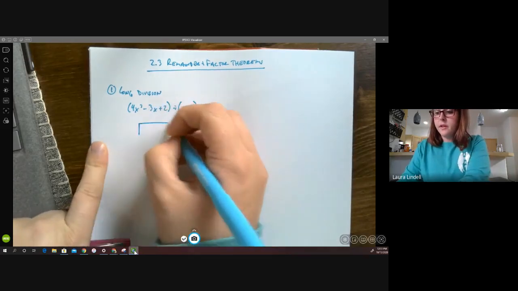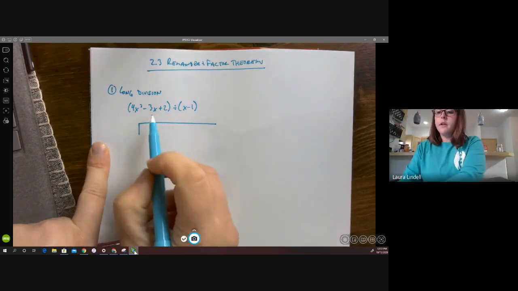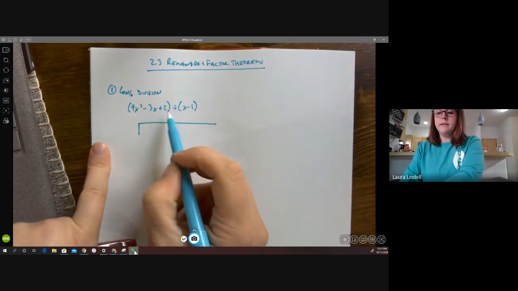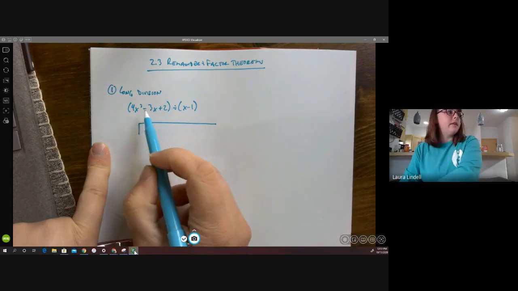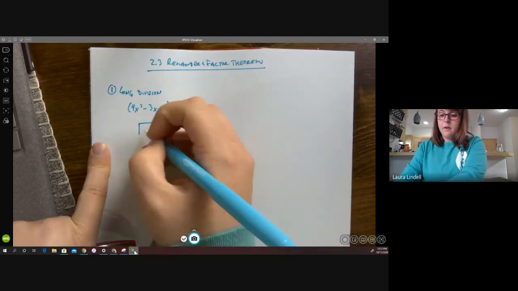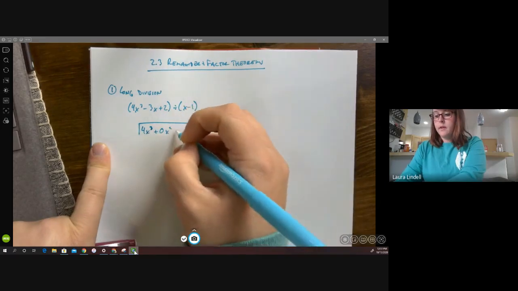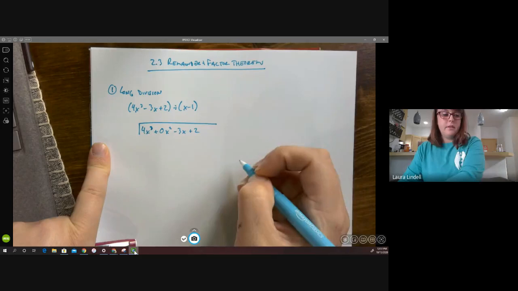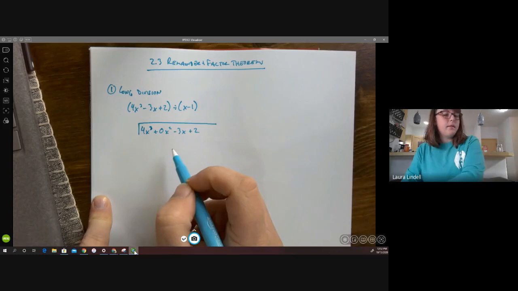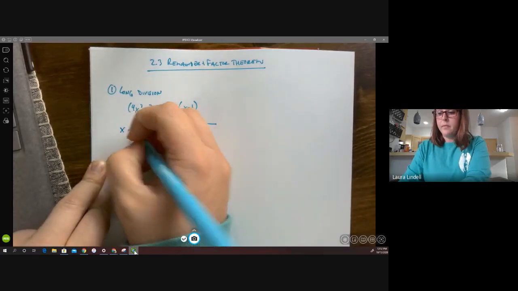You start with your division bar, and then with long division of a polynomial, we have to go in descending order of powers of x, and if there's any power of x missing, like here we're missing x squared, we have to add in a 0x squared. So I'm going to go 4x to the third plus 0x squared minus 3x plus 2. We have to have that as a placeholder. Okay, and then we're dividing it by x minus 1.